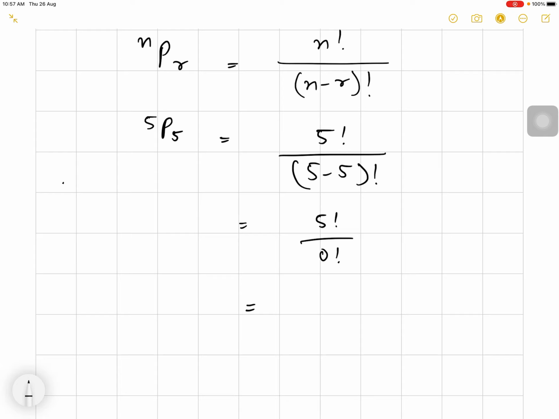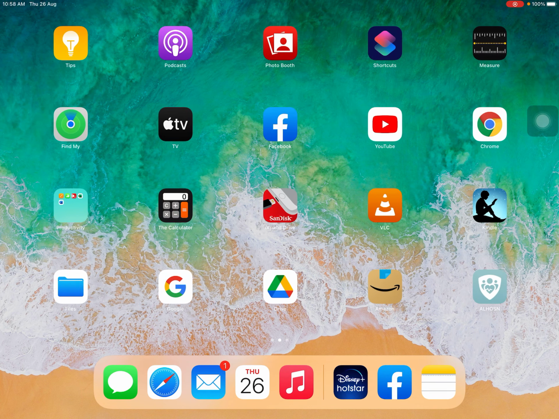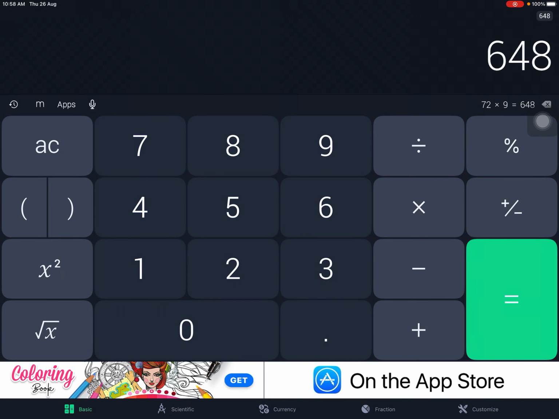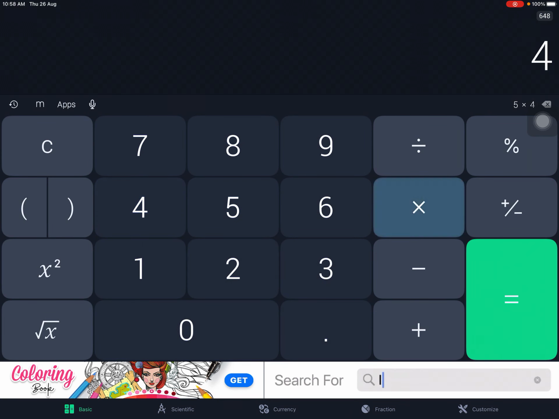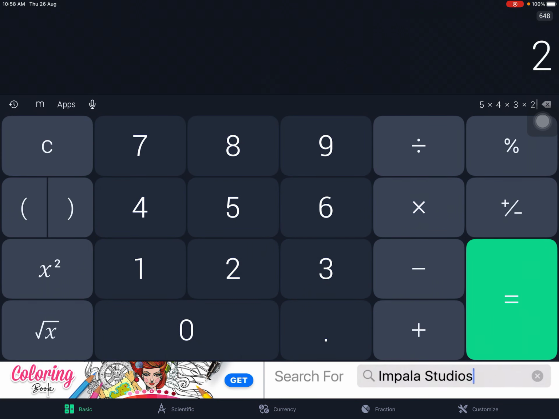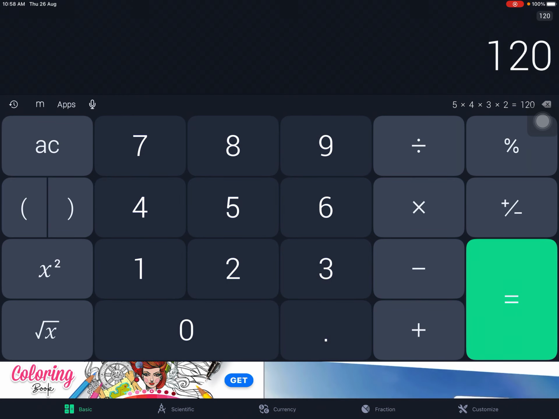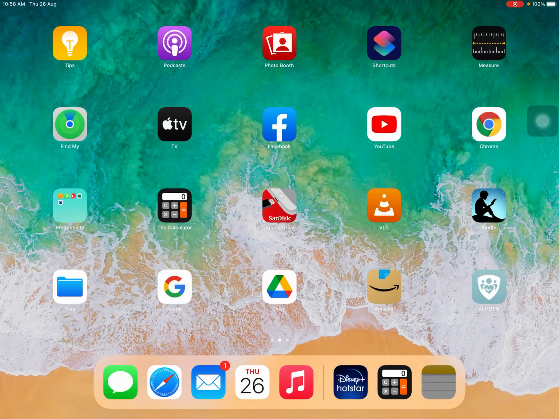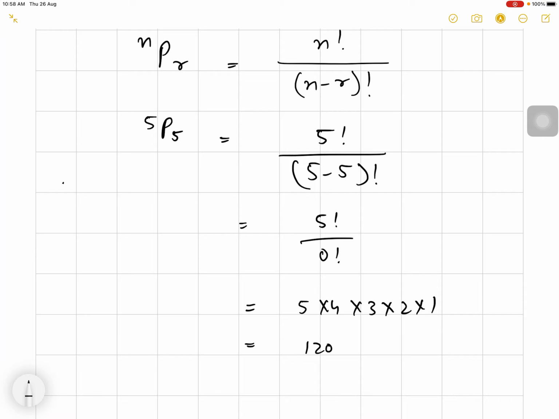So, 5 factorial is 5 into 4 into 3 into 2 into 1, it is 120. Okay. So, 120 ways.